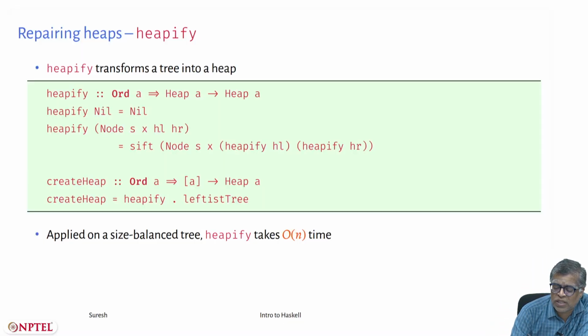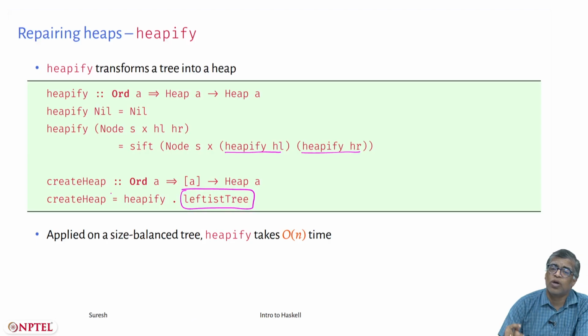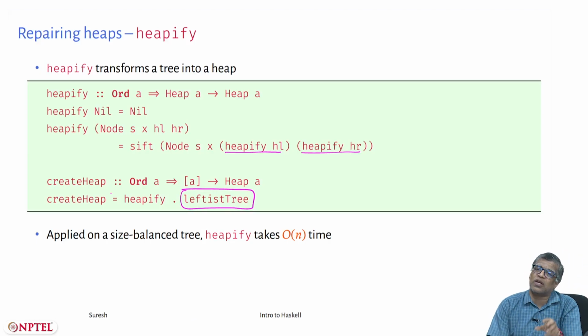Heapify of node Sx HL HR is recursively heapify HL, recursively heapify HR, and now you have a node Sx, sift it. Okay. And finally, create heap is nothing but do this leftist tree and then apply heapify on it. Because remember when you do a leftist tree, there is no guarantee that only the root has a badness. Wherever you could have a badness.